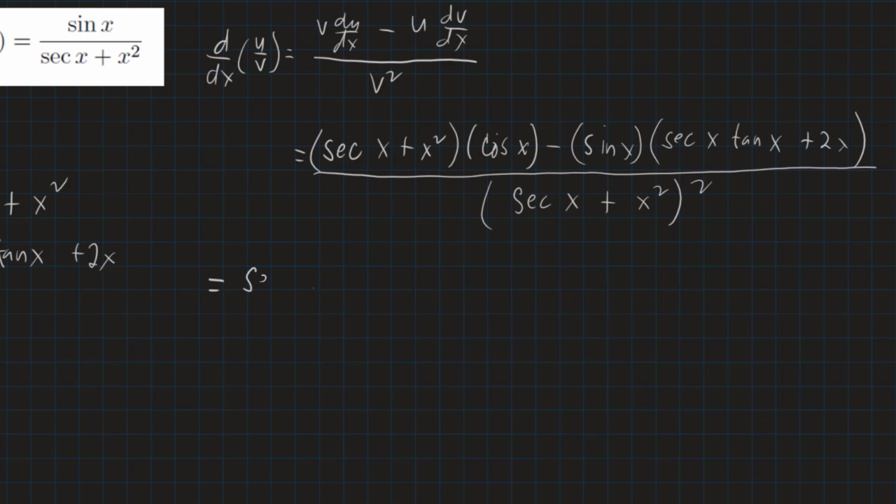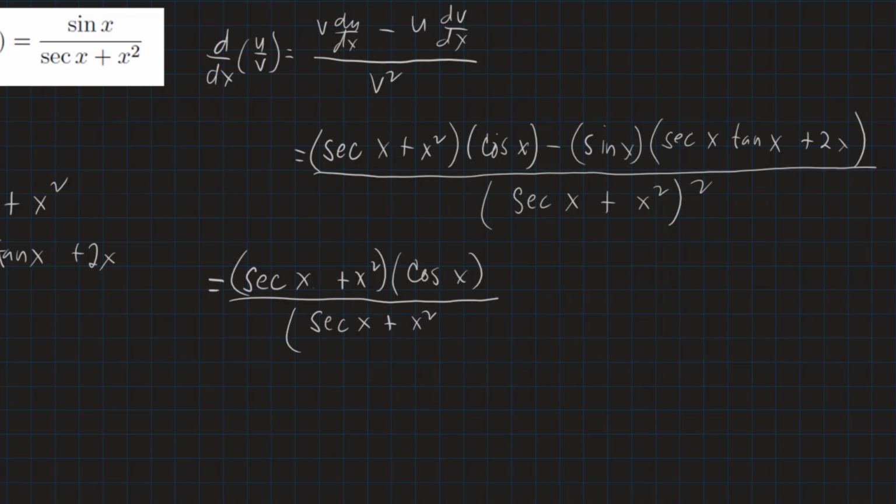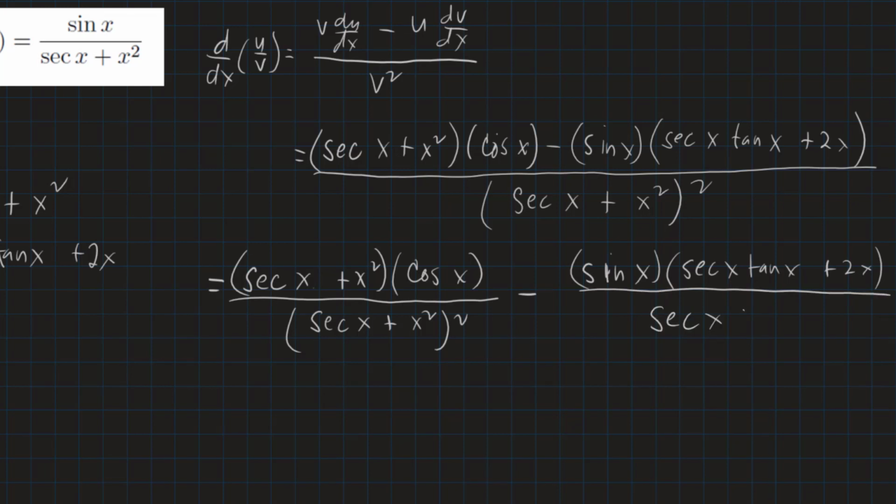So magiging secant x plus x squared times cosine x all over secant x plus x squared quantity squared minus, ito naman kabila, sin x multiplied by secant x tangent x plus 2x all over secant x plus x squared, quantity squared.